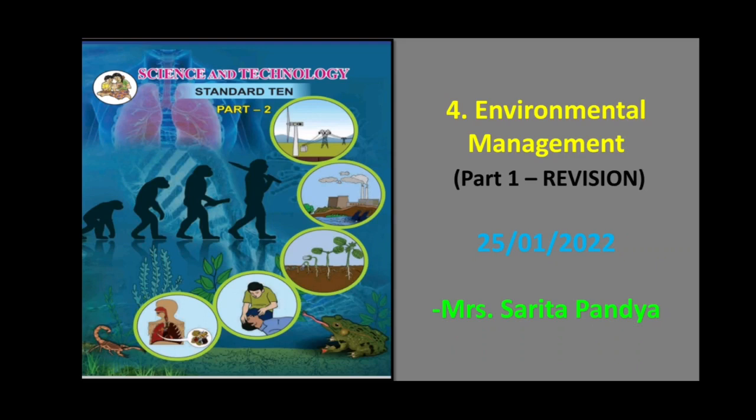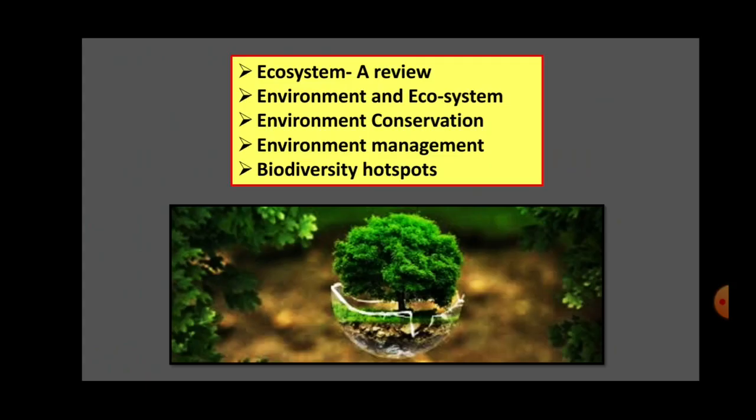So we begin with lesson number 4, Environmental Management. The following components: ecosystem, a review. What is an ecosystem? We have studied last year, so we'll just have a review. Then environment and ecosystem, the relationship between both.